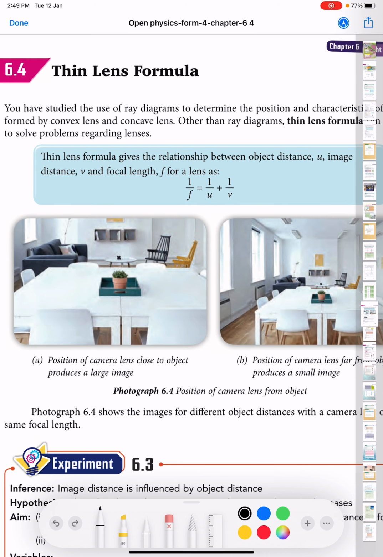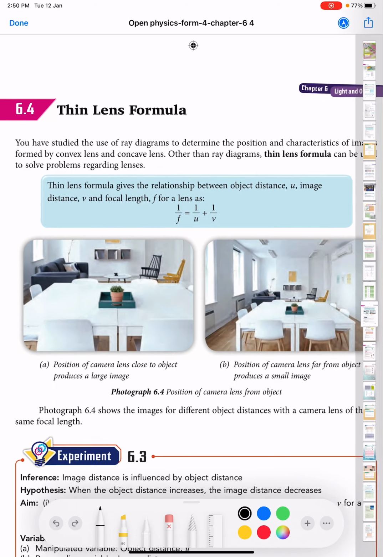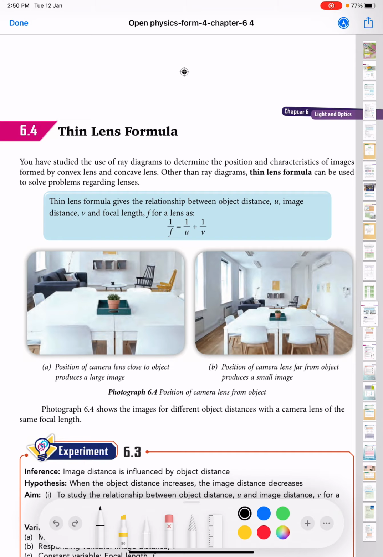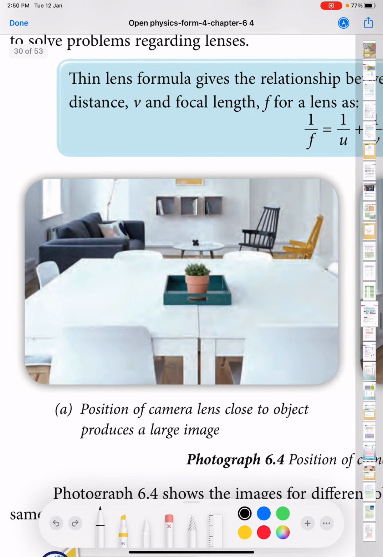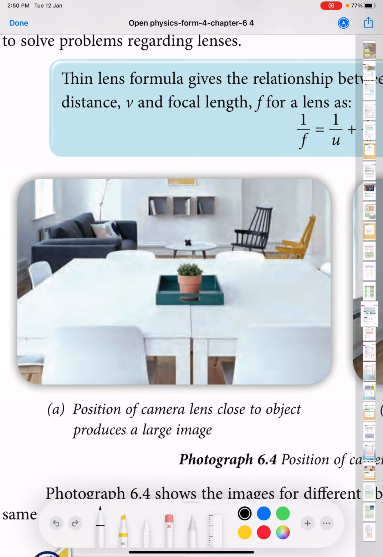In photograph 6.4, it shows the position of the camera lens from the object. These are the images taken by using the same camera. In the first one, the object is close and you have a large image.